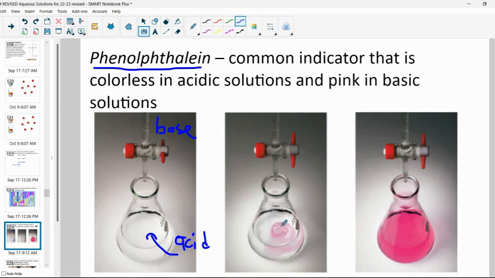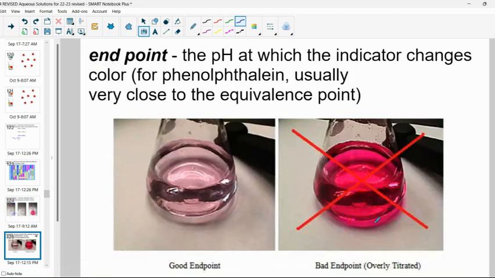Especially right where the base drops, you'll get an area that is basic, so we'll see that pink color show up. Then we'll swirl our flask, and the pink color will disappear as acid comes in and neutralizes the base. Eventually, there's no more acid in there to neutralize the base, and our solution stays pink because now it is a basic solution, or it's been neutralized. When that color changed, that's called the endpoint for our indicator.